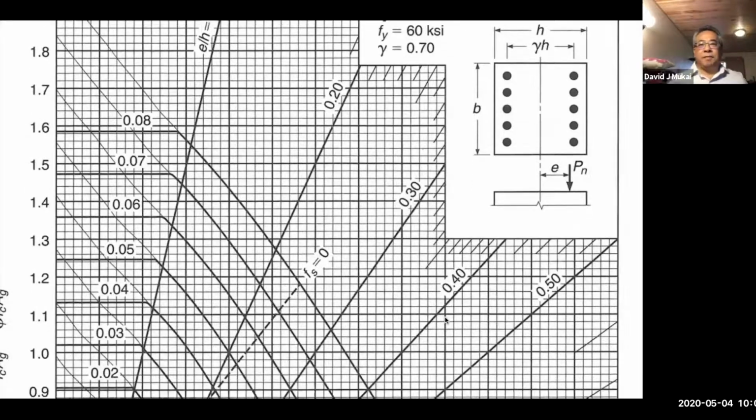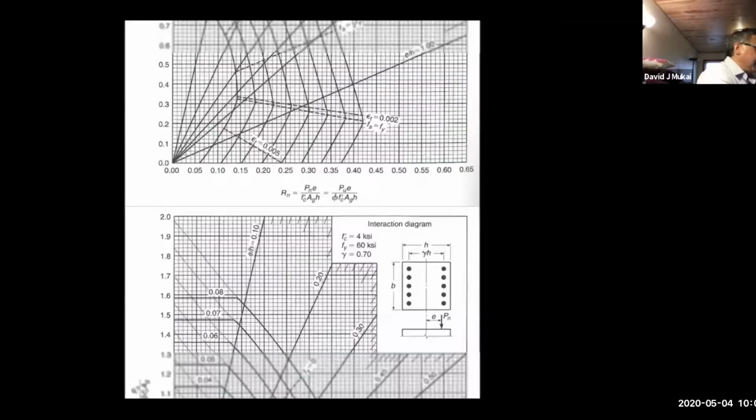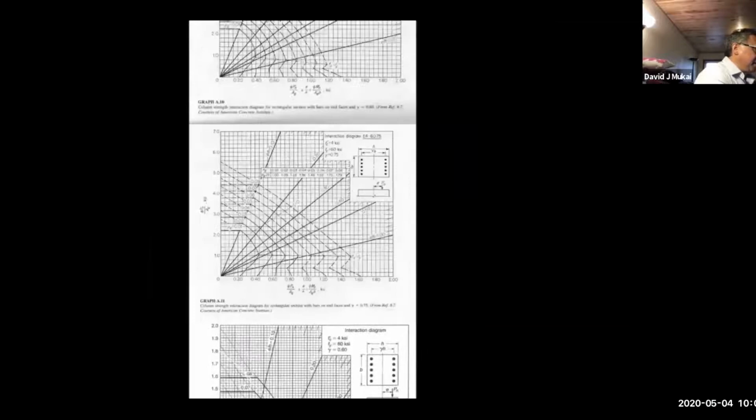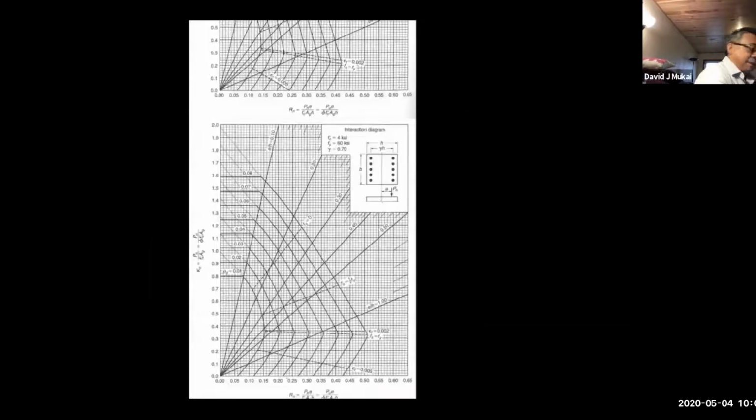Okay, so the first thing is, let me get my picture out of the way. So the first thing is I've scanned, let me see if I can make it smaller. So I've scanned all these interaction diagrams. So I have 7 of them.